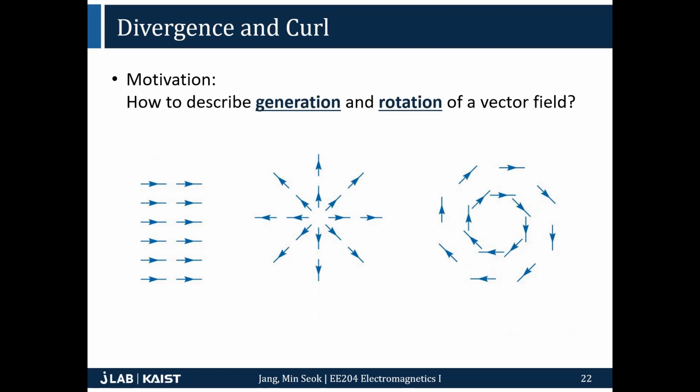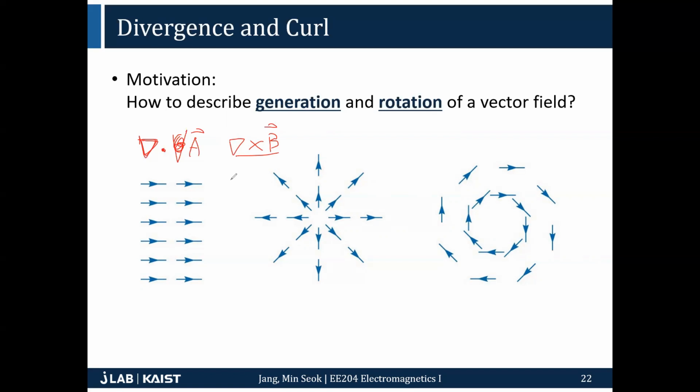As I said, if you apply your del operator with a dot product, this is called divergence, and if you use a cross product, this is called curl.